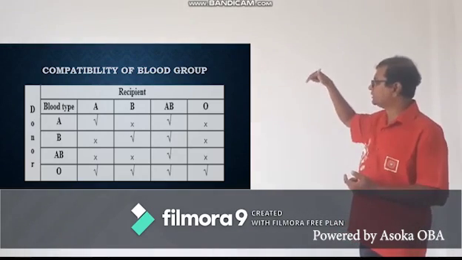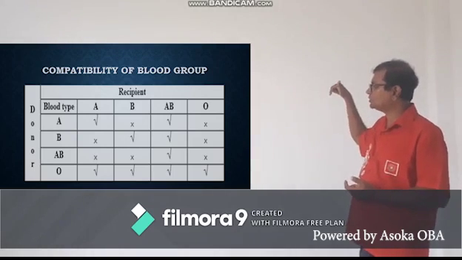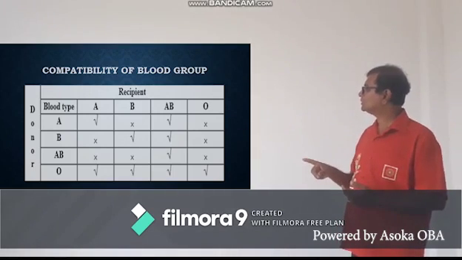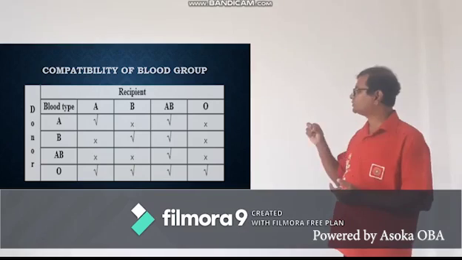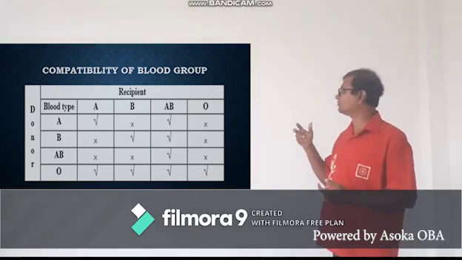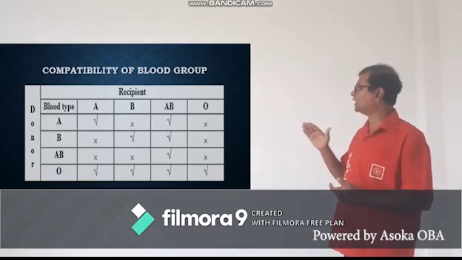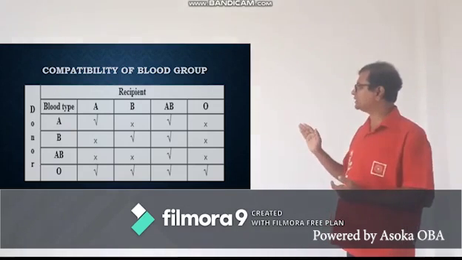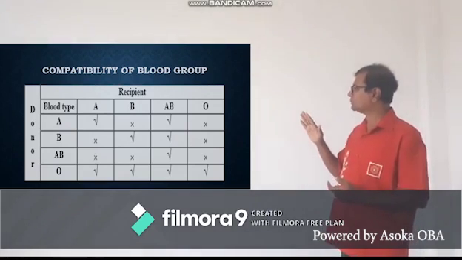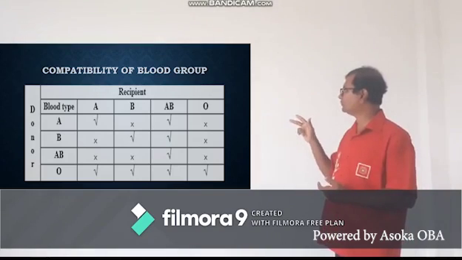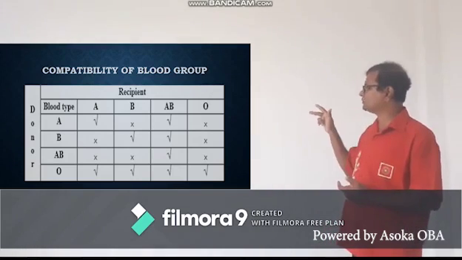The blood groups of recipient: A, B, AB and O. The blood groups of donor: A, B, AB and O. Blood group A as the donor can be given to the recipient of A, the same blood group. It is impossible to transfer the blood group of A as a donor to the blood group of B as the recipient.